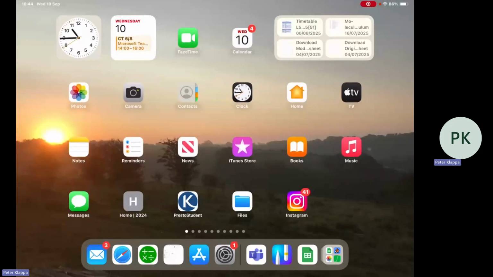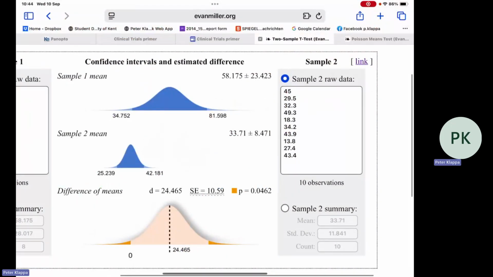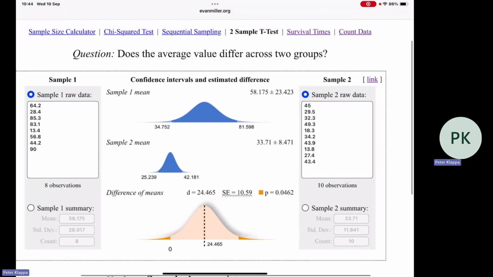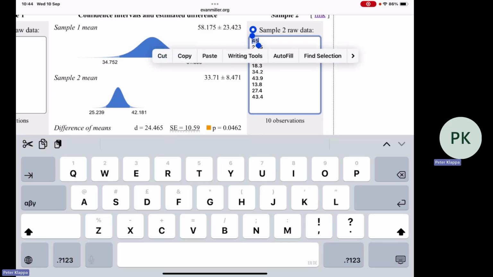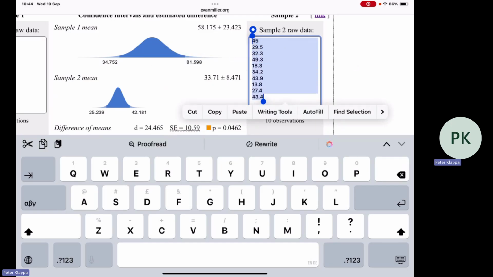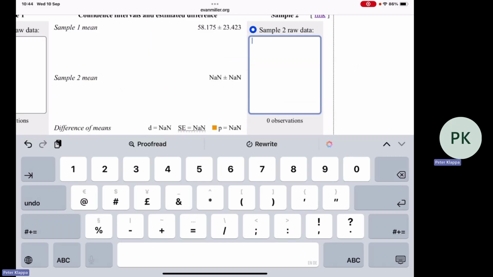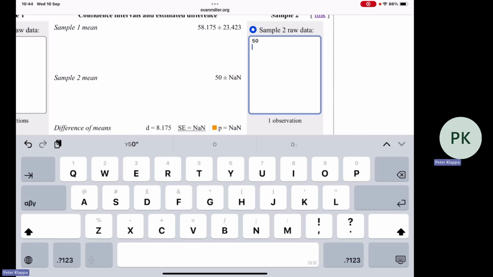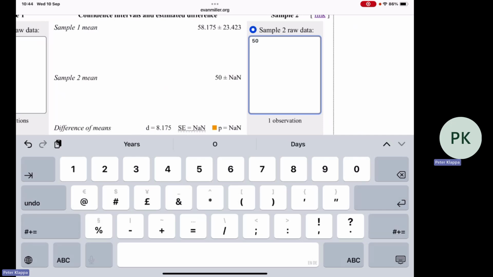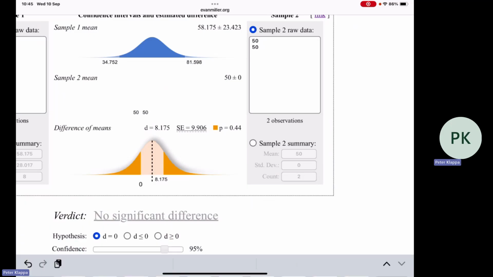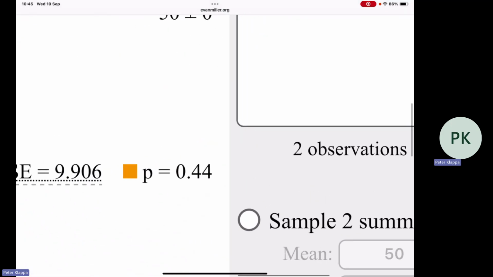So we do exactly this calculation in our calculator, just delete that and enter 50 twice. That's our reference value. And we get a p-value. P-value equals 0.44.